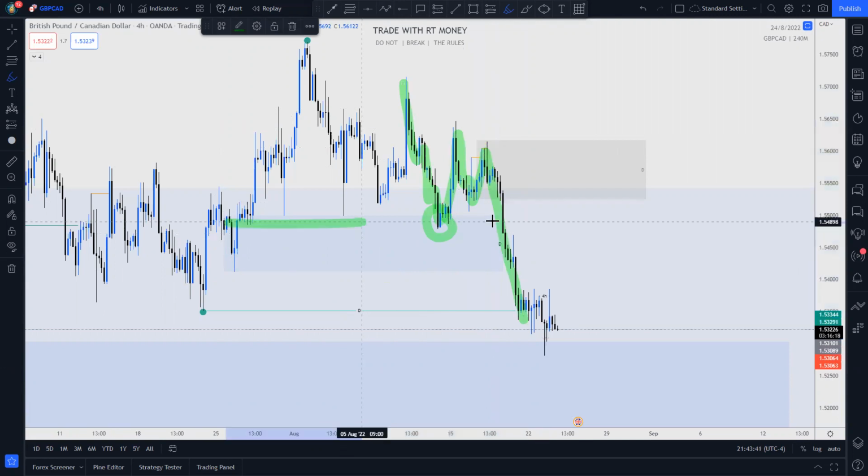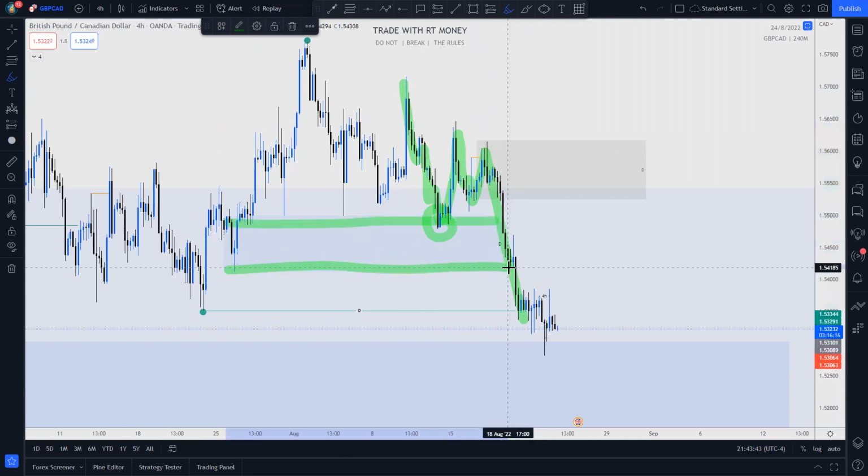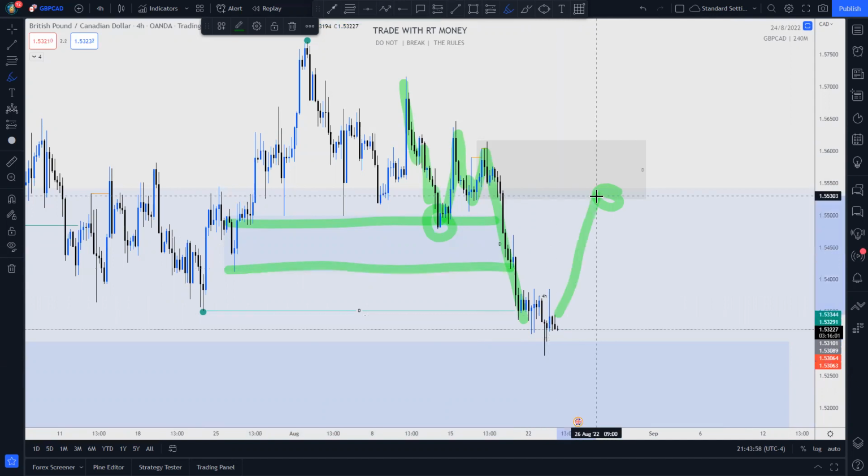We violate this demand zone, and this is the perfect area to look for a flip from demand to supply. And these are where I take my high probability trades. So if price does pull up over 150 pips, I would be very happy to take any sell setup up here to make the new lower low.